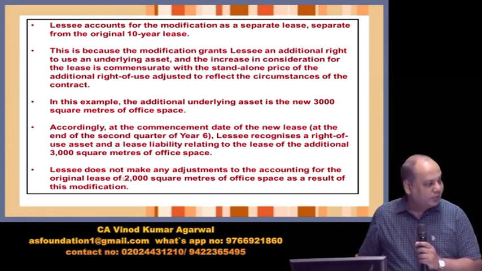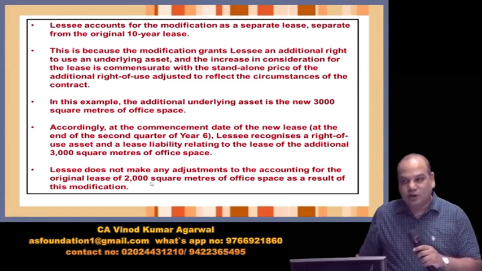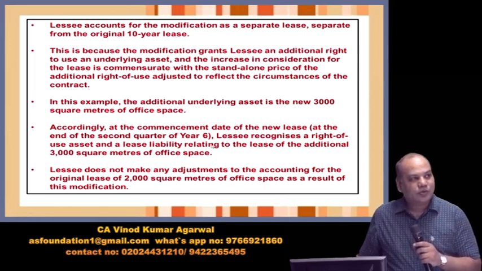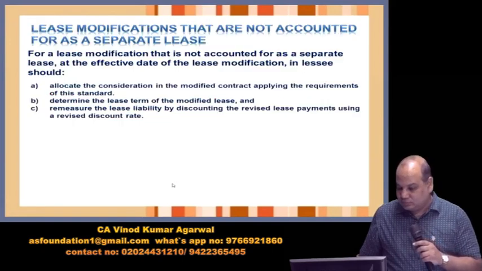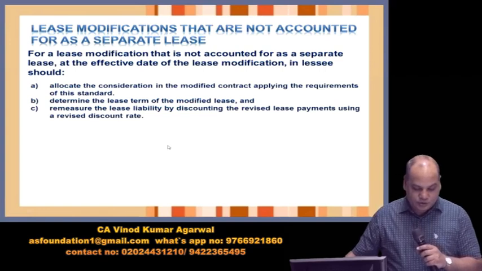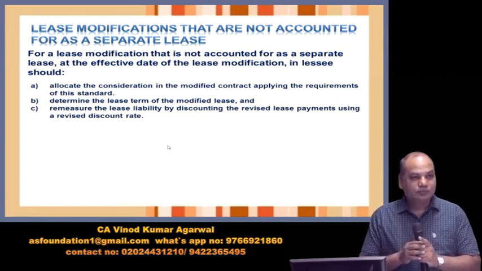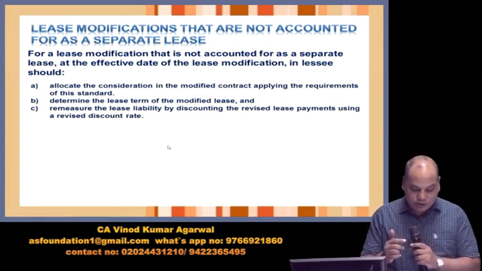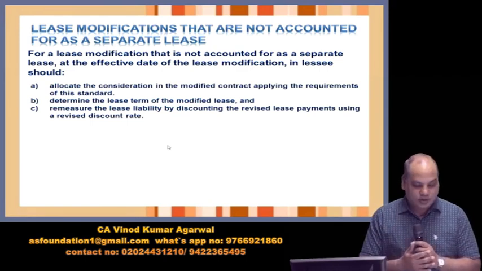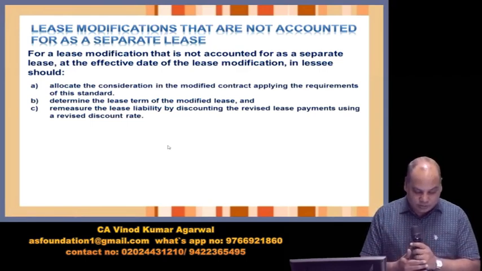So original lease will remain at its own place. That will continue as usual. Plus you will have to open one more account for this additional lease. So this was an example of modification resulting into a new lease, and therefore it will be accounted as a new lease.